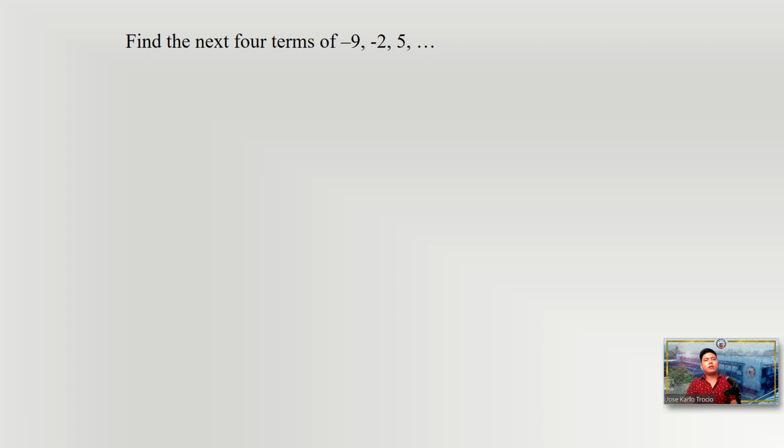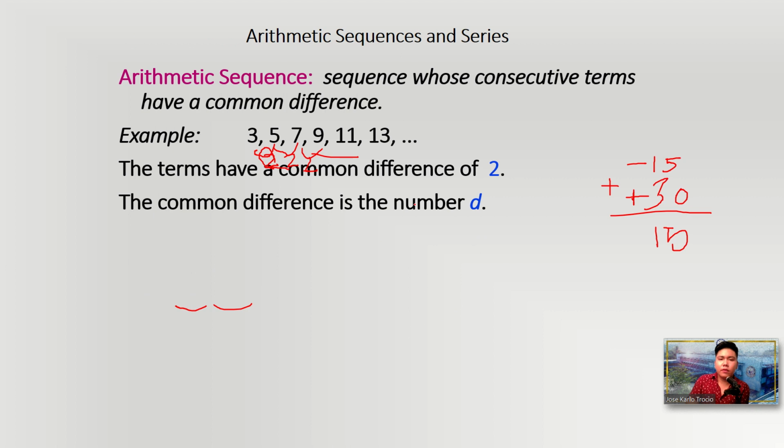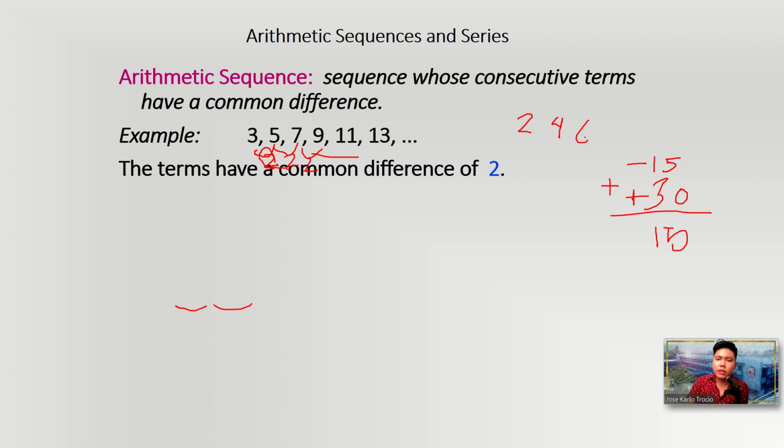Next, I mentioned to you that if you have a sequence like 2, comma, 4, comma, 6, there are how many terms? 3. But if you have this sign here, what do you call this one? Ellipsis.